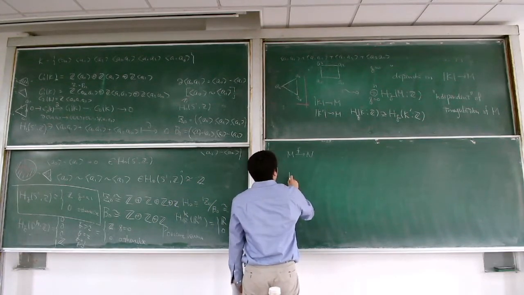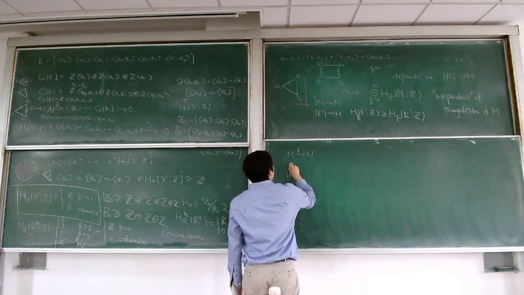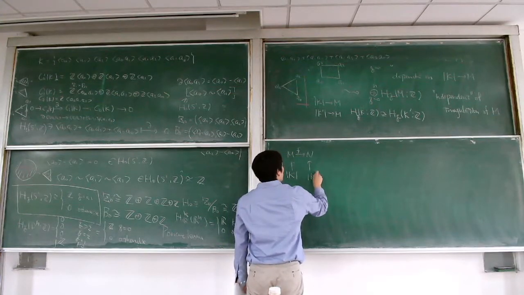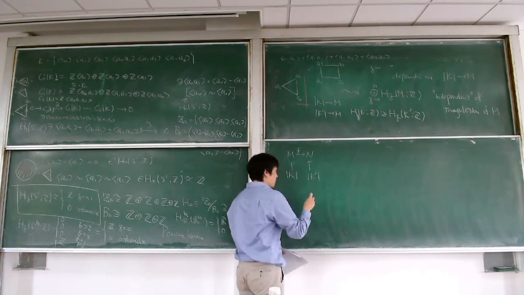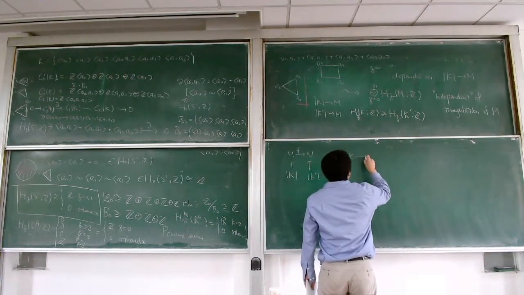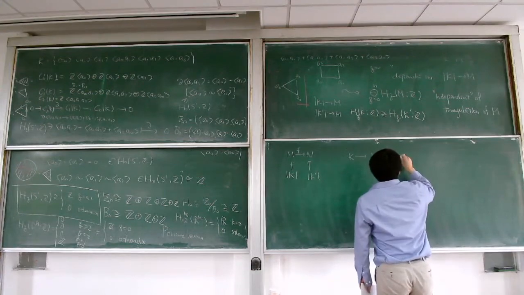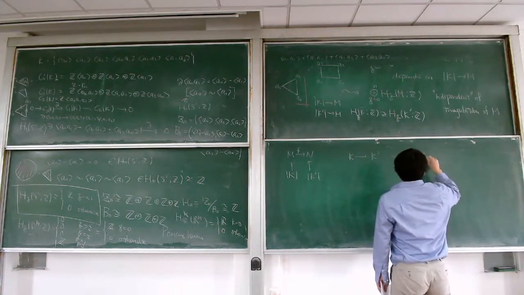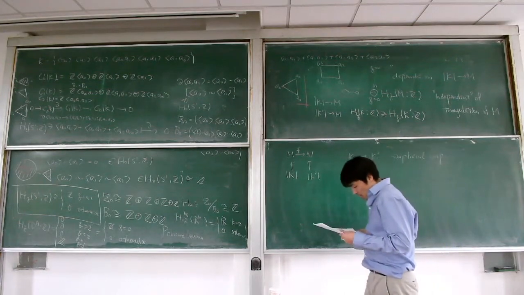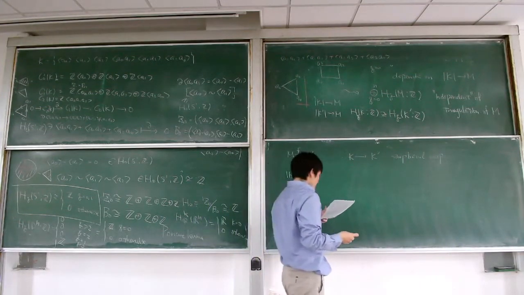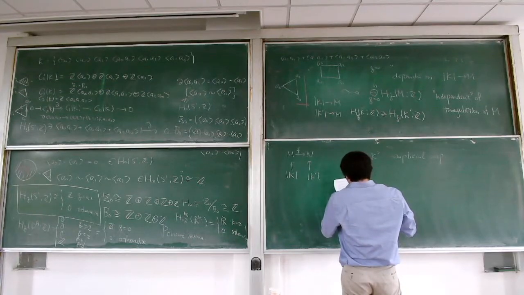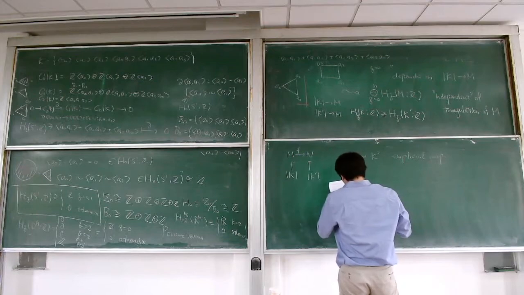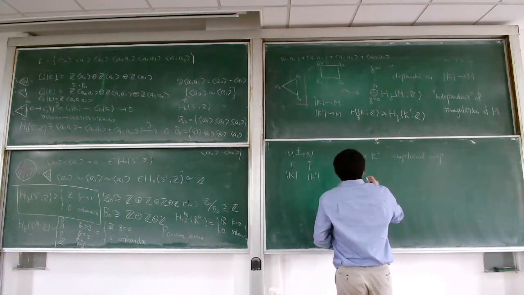You have a triangulation, and another triangulation for N. The question is, can you construct a map between K and L, a simplicial map, that assigns the vertices?